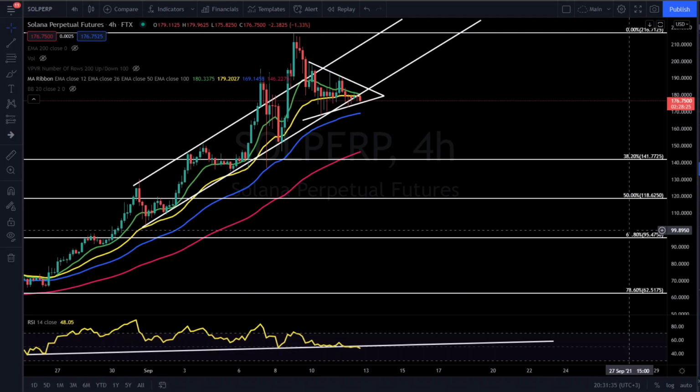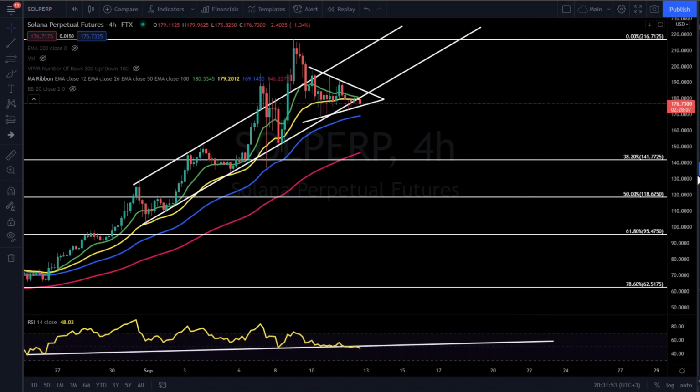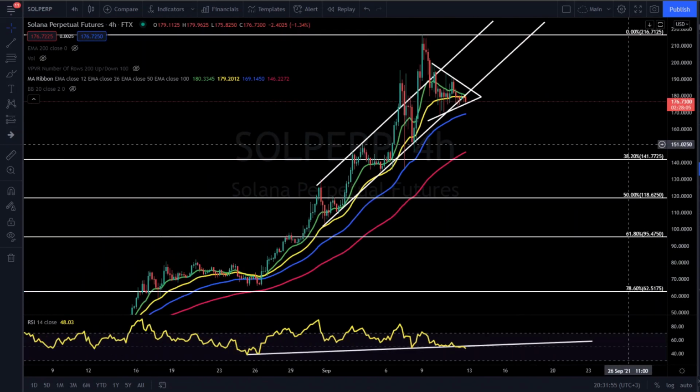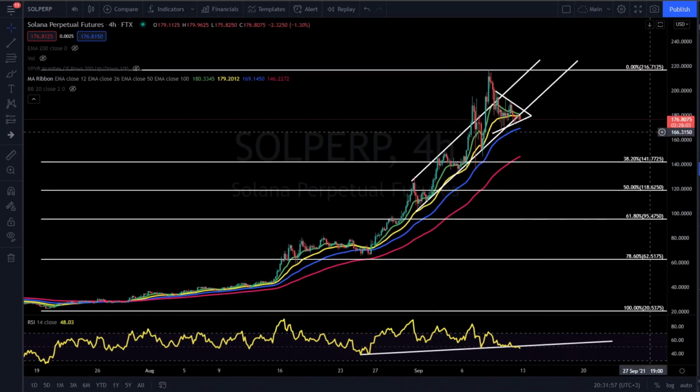The market almost 100% of the time comes back down to test this zone right here. It doesn't necessarily need to happen now, but at some point we will retrace back to 61 or 78 or somewhere in this region. So let's look at volume profile.